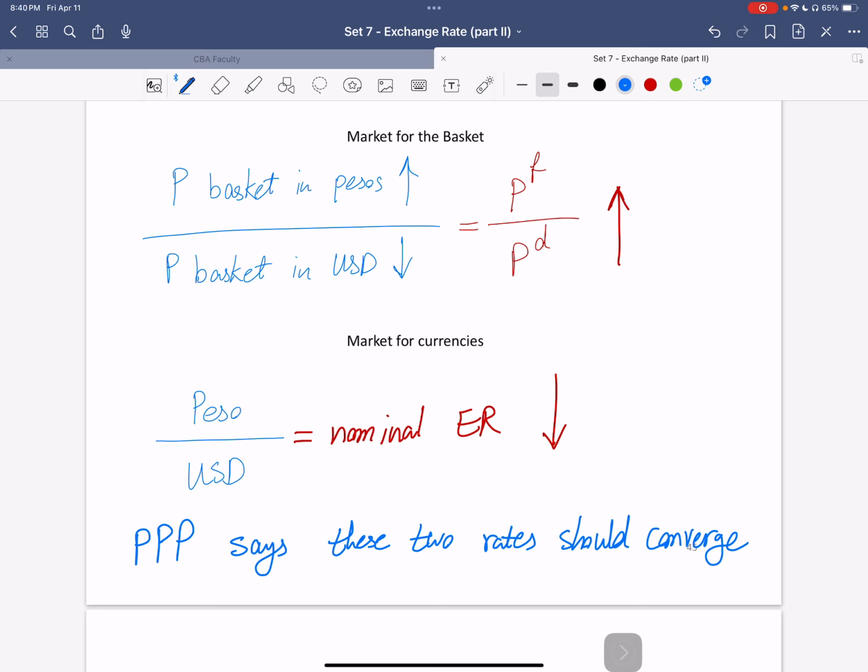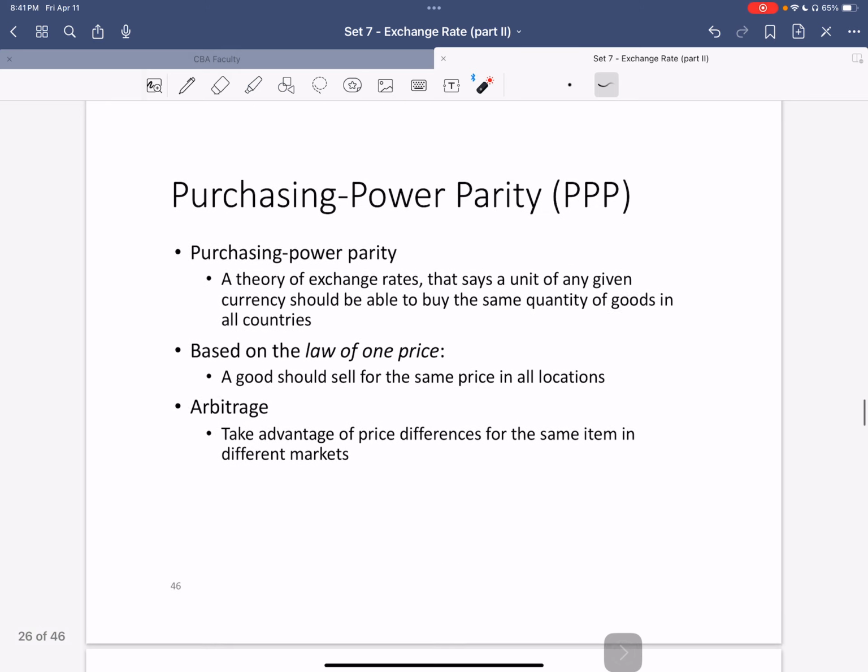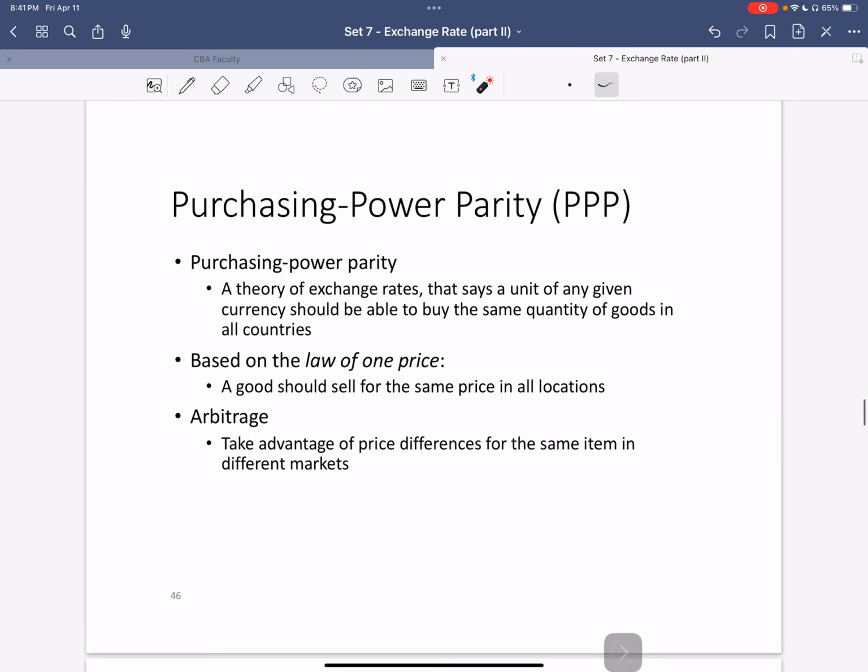So this prevents PPP from holding. PPP says that in the long run, this will happen. In the short run, in the real world, it might not exist, but in the long run, it could happen. In the short run, it cannot happen because the goods inside the basket could be difficult to transfer between the countries. Additionally, the transaction costs exist. It is very costly for people to move stuff between different countries.